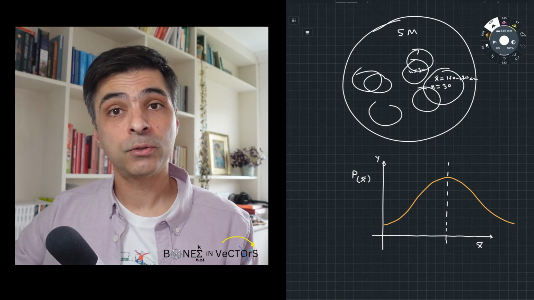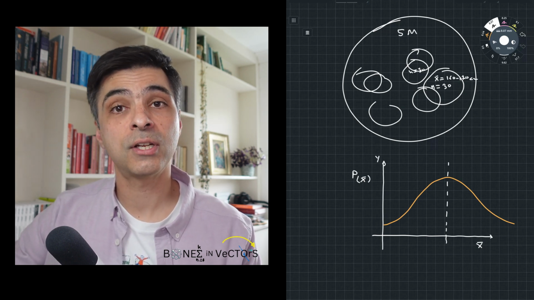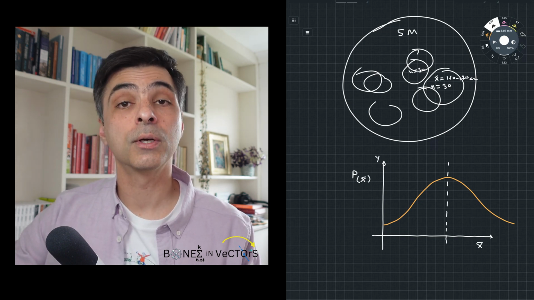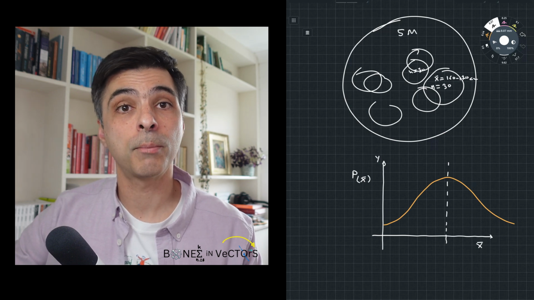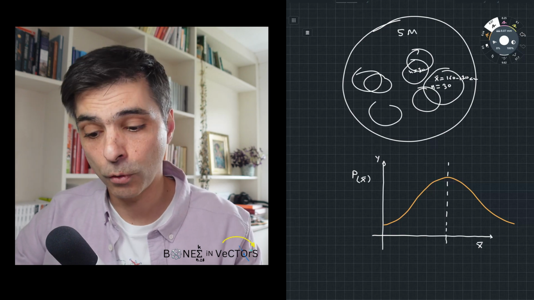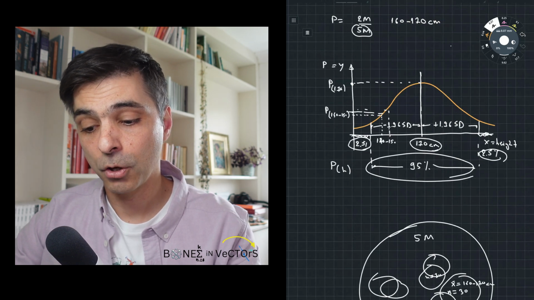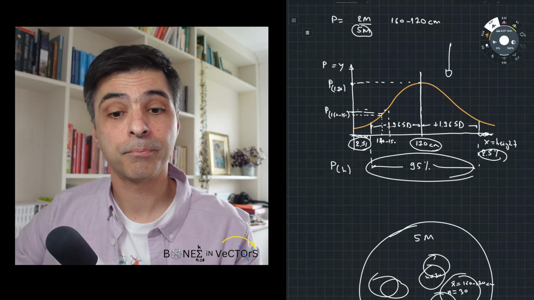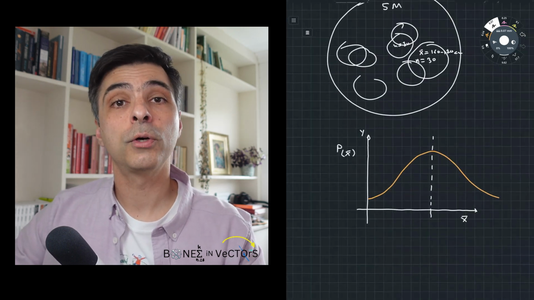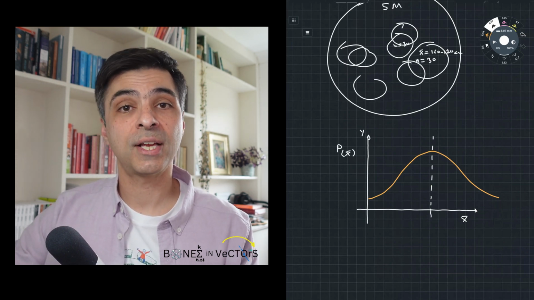Now, a very interesting fact here is that the mean of many samples of large enough size will always follow a normal distribution, regardless of how the variable we are measuring is distributed. For example, even if the height of the people here was not distributed normally, the distribution of their sample means will follow a normal distribution. And this is part of what we call the central limit theorem.